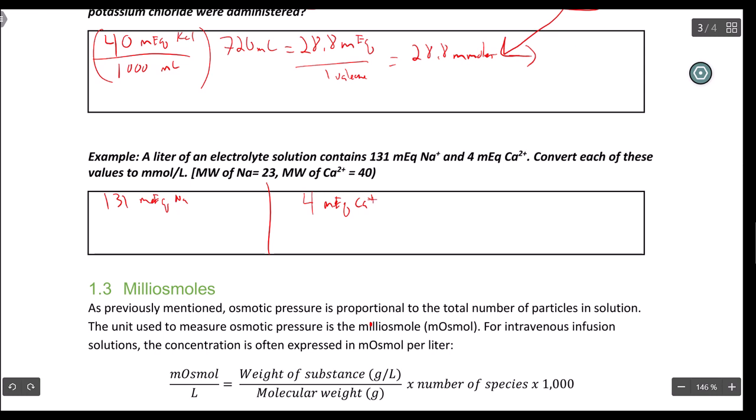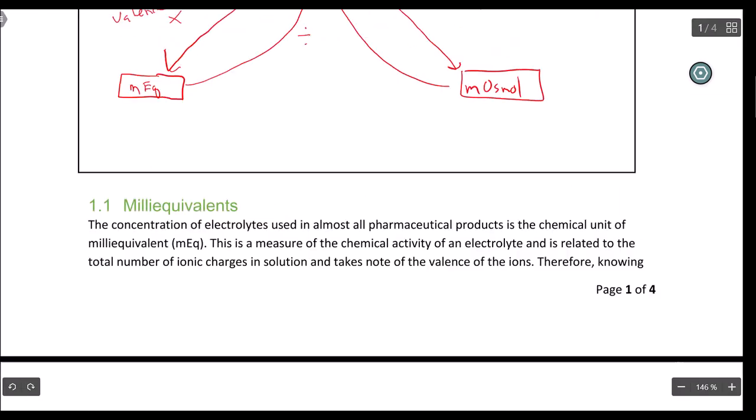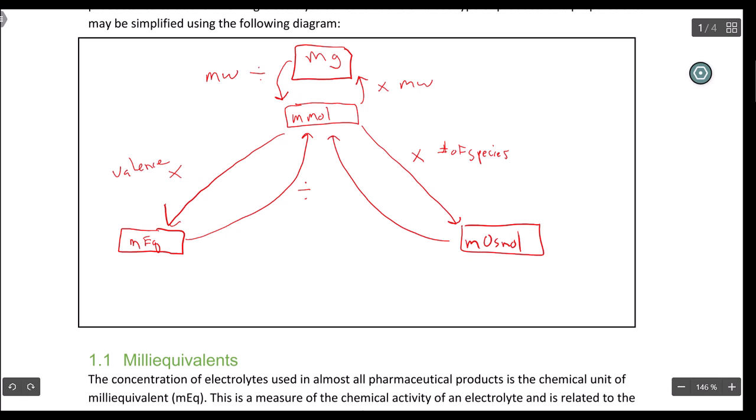How do we get our millimoles? We take MEQs and we divide by our valence. I apologize earlier if I was thinking of millimoles, but here we're talking about going from milliequivalents to millimoles. I'll talk about milliosmoles in a second. So we divide by the valence.